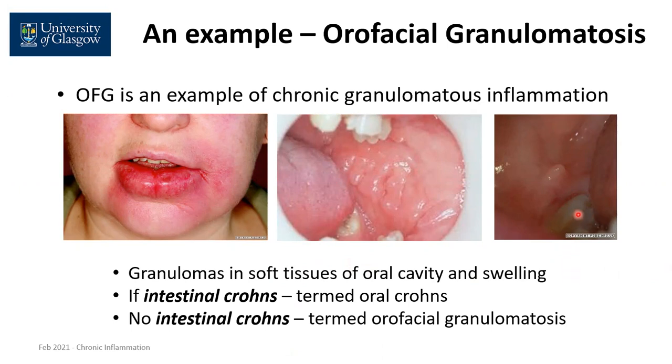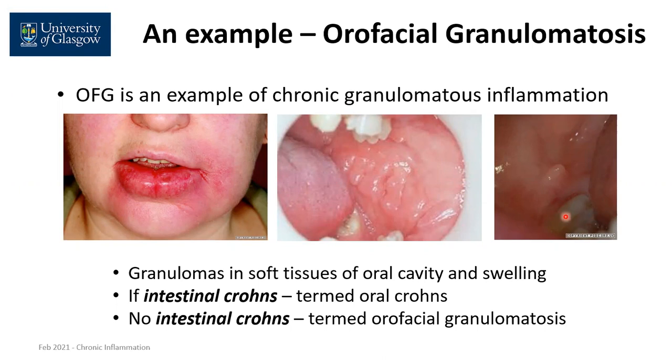And OFG has links with, or at least has very similar clinical presentations to, Crohn's disease. So Crohn's disease is something you've probably heard of, arising within the GI tract, so basically inflammation of the tissue of the GI tract. And there's links between OFG and Crohn's disease.